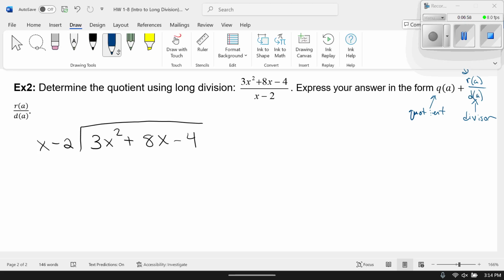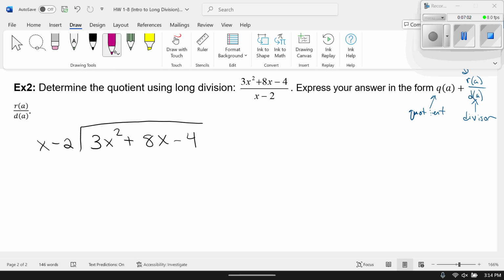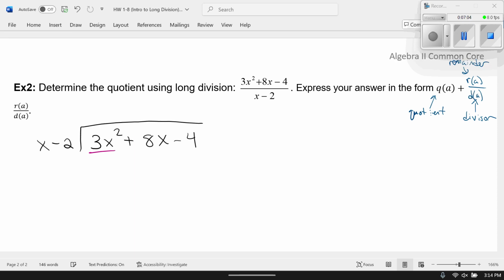We are going to start this process by dividing my first two terms. So I have 3x squared divided by x, which is 3x. Now that is 3x to the first. I'm going to put it above 8x to the first because you want to keep yourself organized.